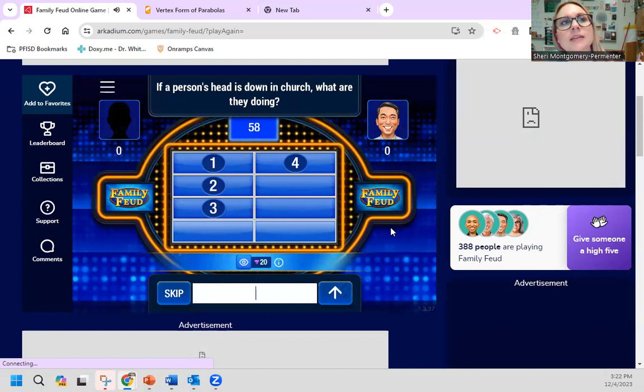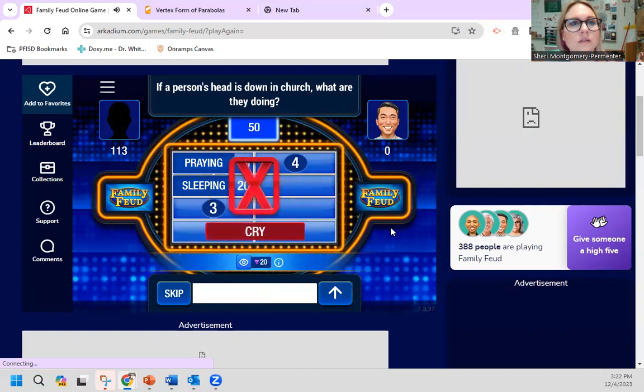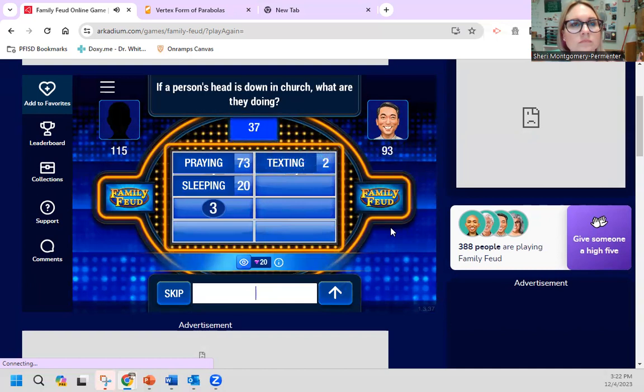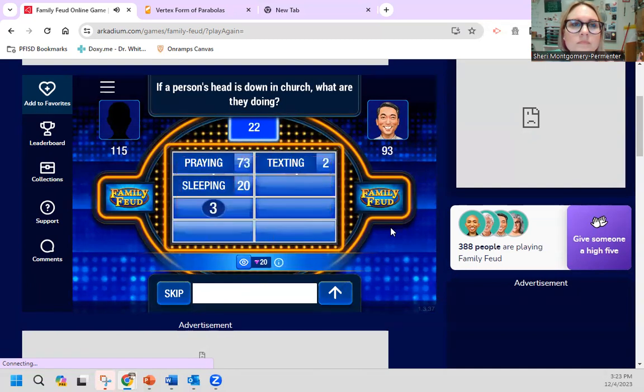If a person's head is down in church, what are they doing? On their phone. Reading a Bible? I think reading is a good one. I don't think that's it. What else?